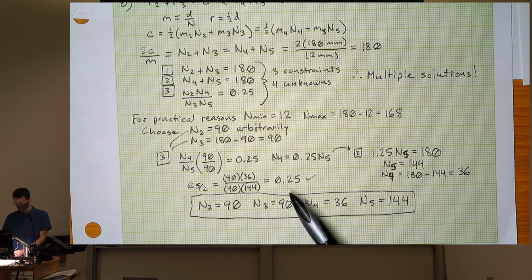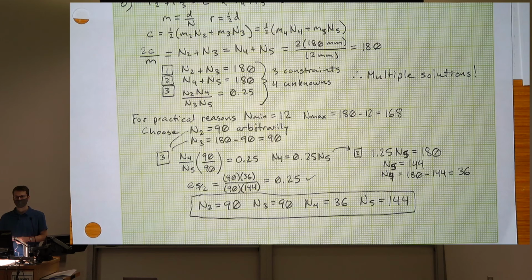And that's going to give you some value that isn't going to be exactly equal to 0.25. It'll give you an approximate solution, but that's okay. Usually on these gear train design problems, we'll ask you to get the desired gear ratio to within some number. So we would say to within the nearest decimal place, or to within 0.01 or something along those lines.